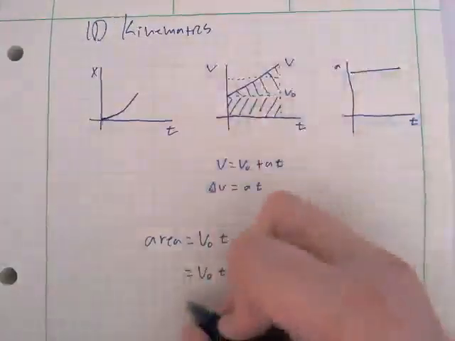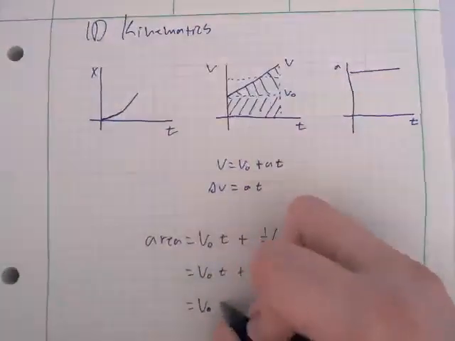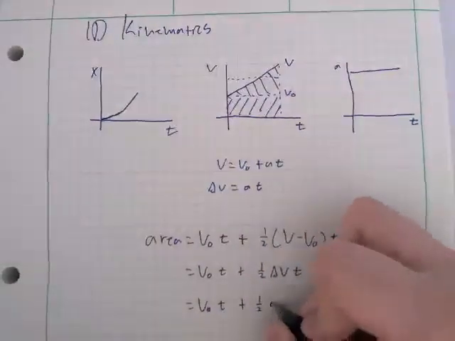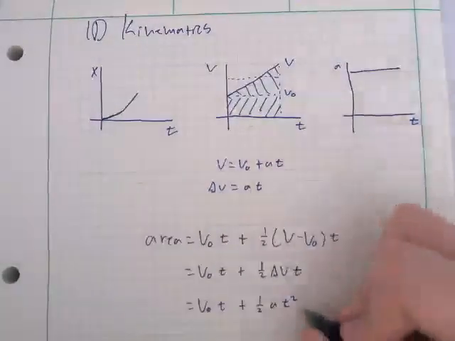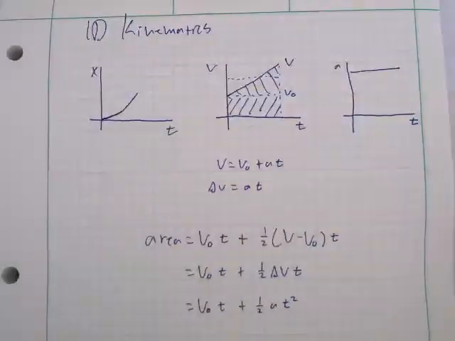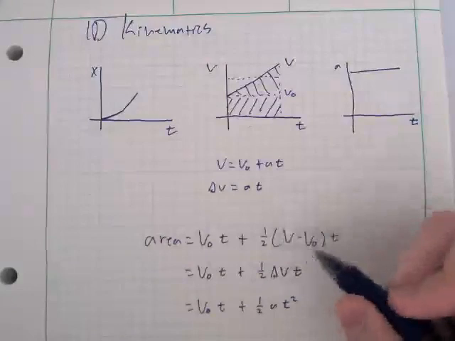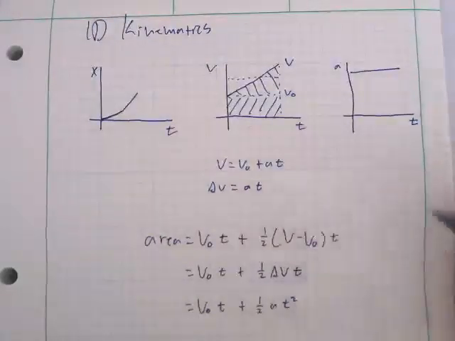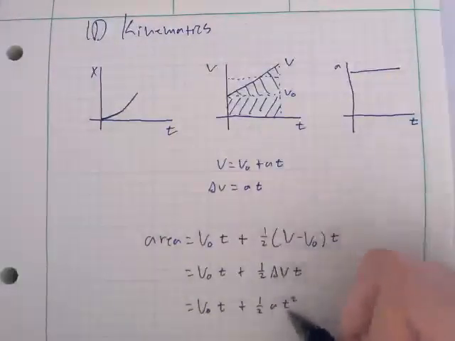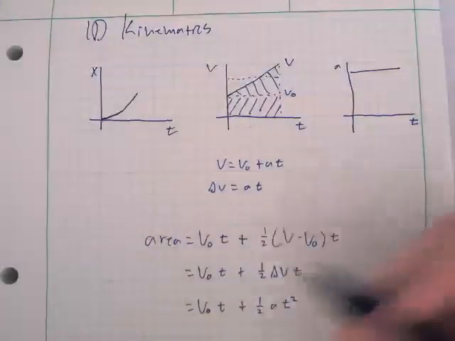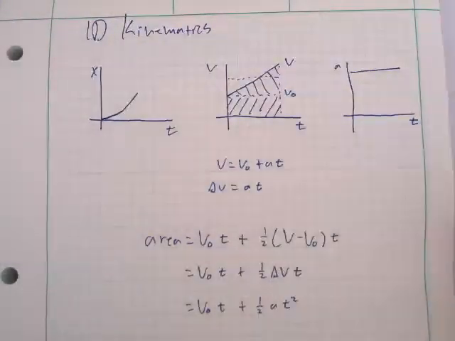We still have this up here. And so we end up with our final formula looking something like this. And this is going to be our area underneath this curve. The area equals V naught T plus 1/2 of the change in velocity times time. The change in velocity we know is A times T. So we have delta V times T is A times T times T. So of course this should look familiar from what we had before.